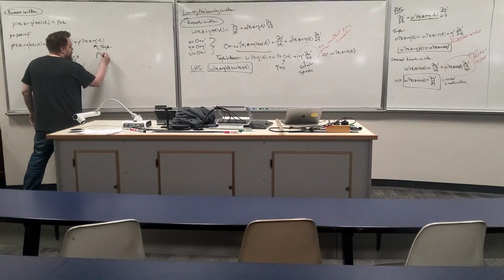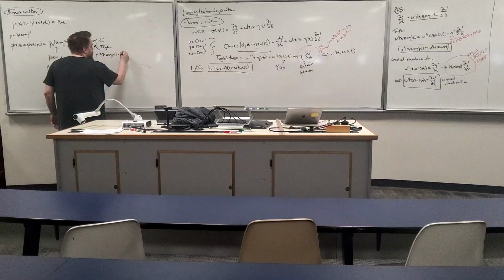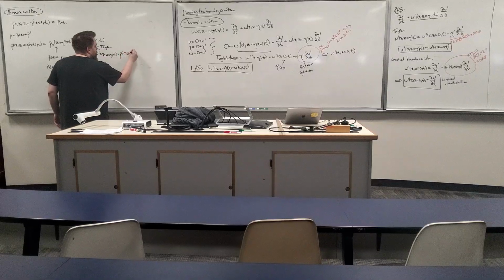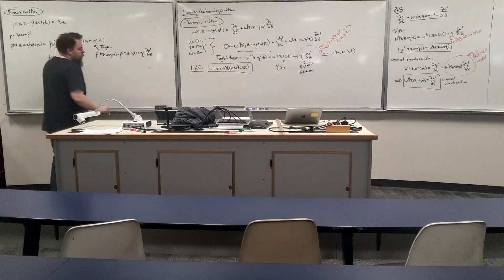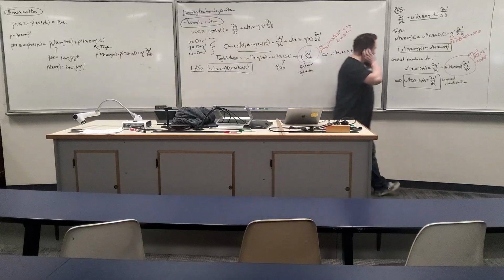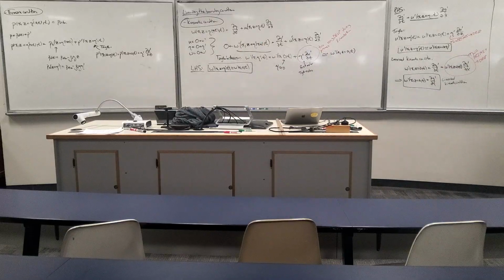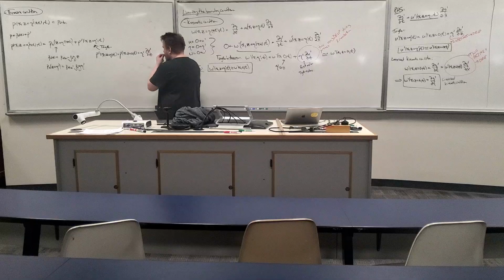We write p prime of x, z equals eta prime, and t equals p prime of x, z equals 0, and t, plus eta prime times dp prime dz. This is the same trick we've now done 3 times. If we need to evaluate something right at the surface, we can evaluate it as if the surface was flat, but plus a correction term.